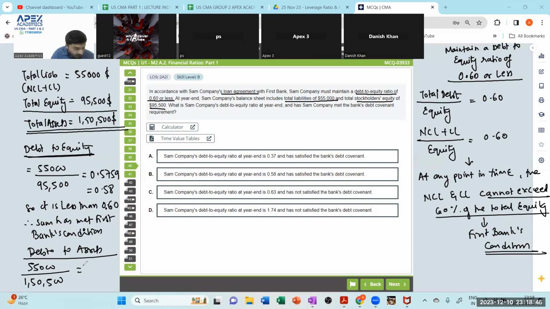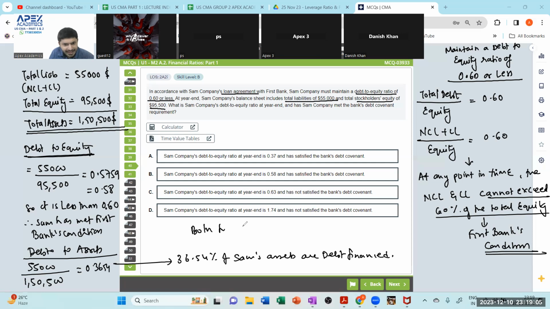What I got? 0.3654. Means 36.54% of Sam's assets are debt financed, means financed out of debt. So both the debt to equity and debt to asset are below 0.6.